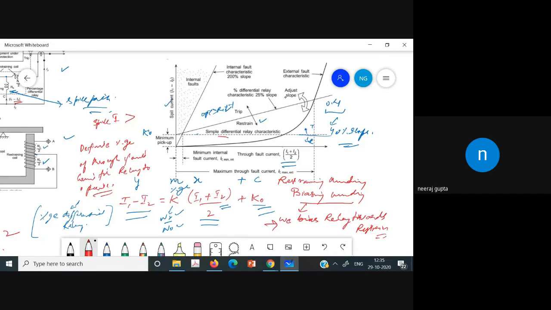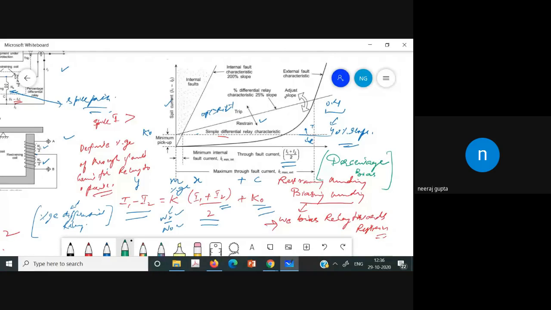And this type of characteristic is also known as the percentage bias.